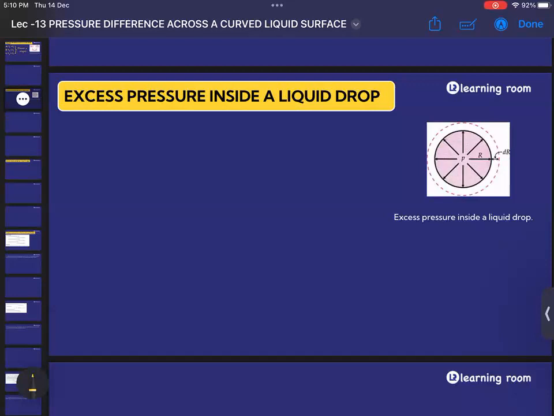What do you mean by excess pressure? It is the inside pressure minus the outside pressure. So we are saying the liquid is actually getting its shape of that spherical portion because there is an excess pressure inside the liquid drop. Am I clear with that point? Okay. Now what is our job is to calculate that value.